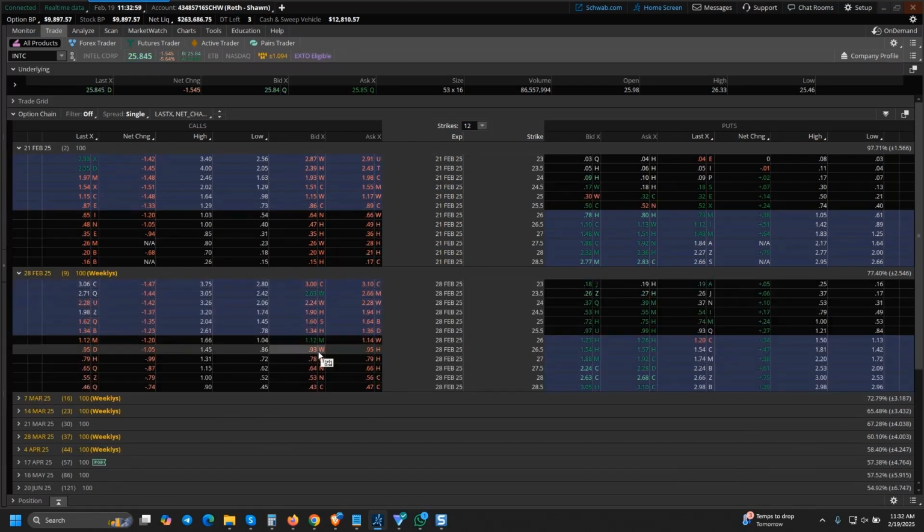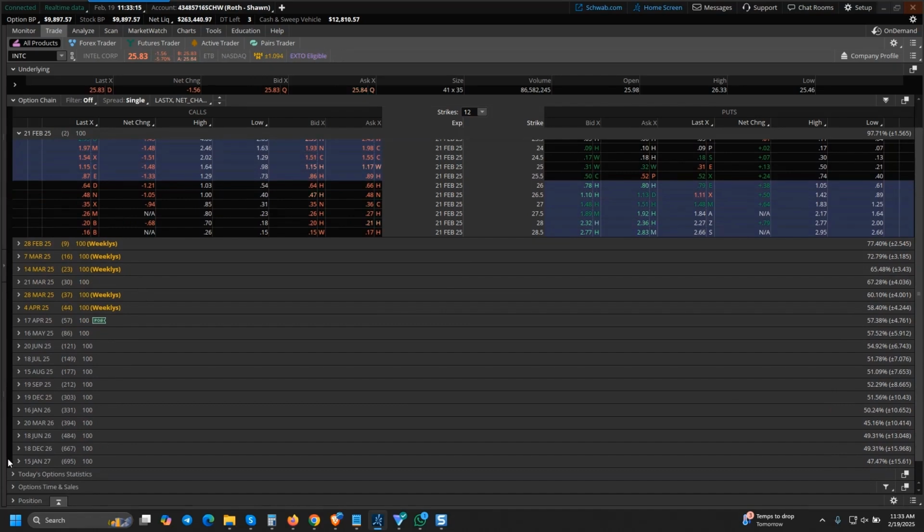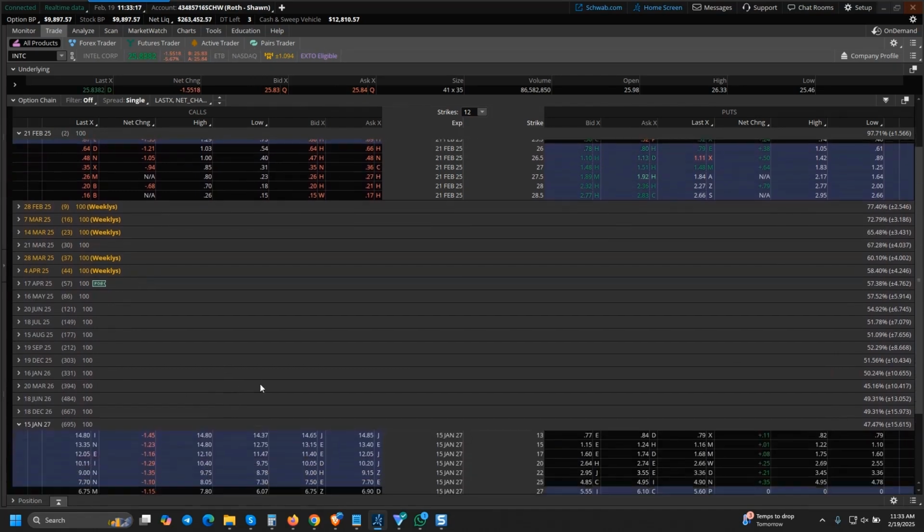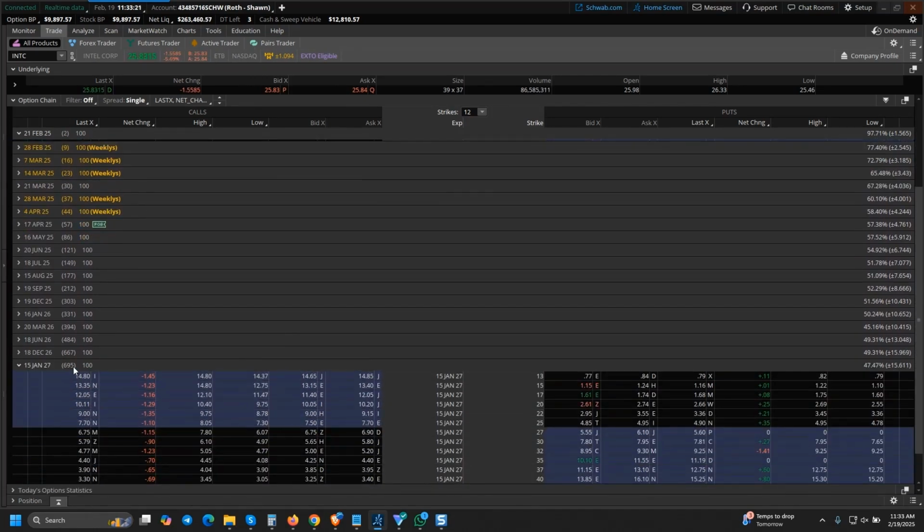If I go out a week to February 28th, one more week on another Friday, all of those normal stock options expire on Friday. You can see it'd be $1.14 right now. So 48 cents difference to get another week of opportunity to enjoy the stock move. If I go all the way down to January 27th, long time, this is almost 2 years from now, that's saying if I want to buy, I can't buy a 26, there's only a 25 and a 27.